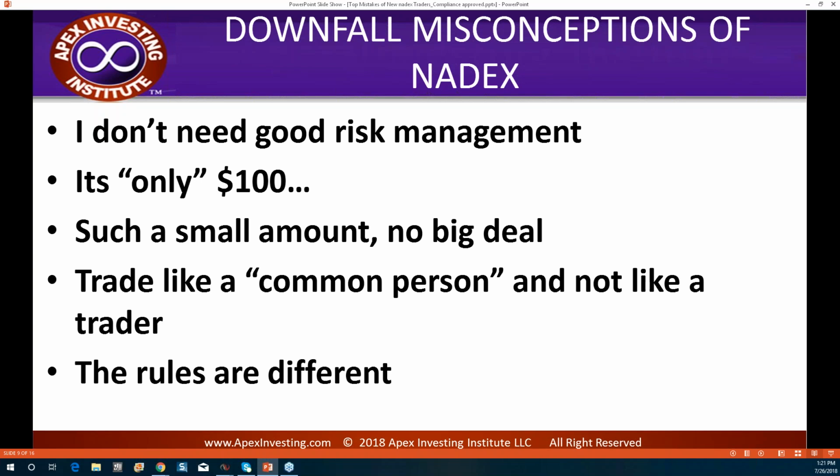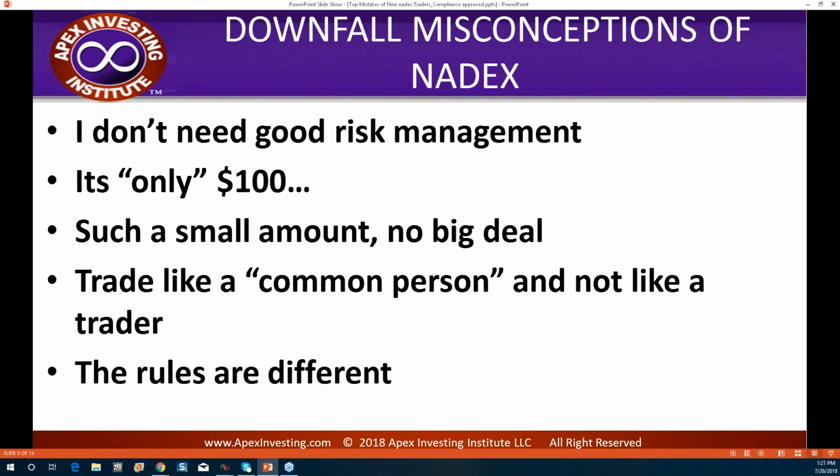Just like a lot of things in life, you can turn a positive into a negative, right? What about the old saying, you gave an inch, they took a mile, right? Or somebody that abuses something, okay? That is one of the big dangers that you have to protect your mentality against with Nadex, okay?